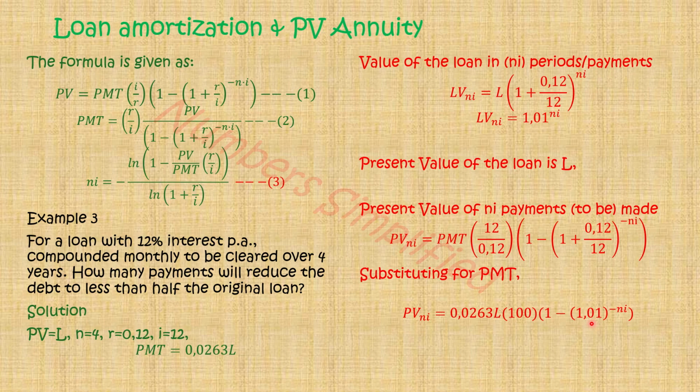Now with that, we see that the 0.0263 multiplied by 100 would give us 2.63L times the 1 minus 1.01 raised to the power minus NI. That would be our PV NI.